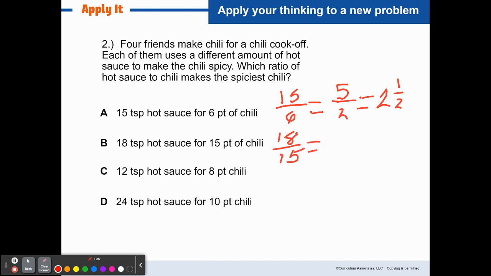Let's see. 3 again, right? 6, 5. So that's equal to 1 and 1/5.